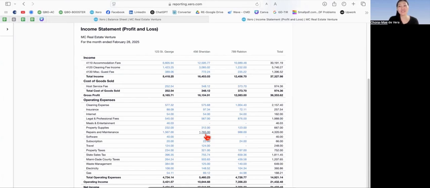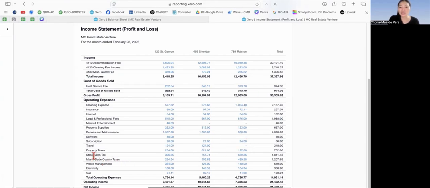I mean, it's really not an outright expense. For the software, it's just a $40 subscription. And for the travel, you said that the travel that you made should be spread to the 2 properties only, not Ralston.